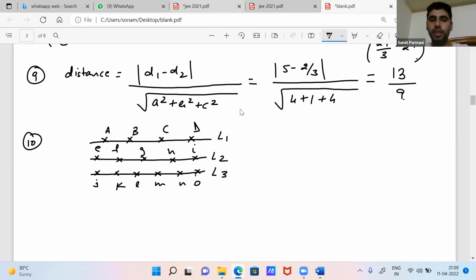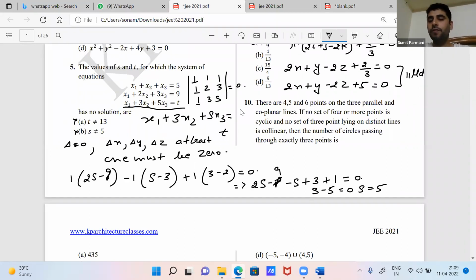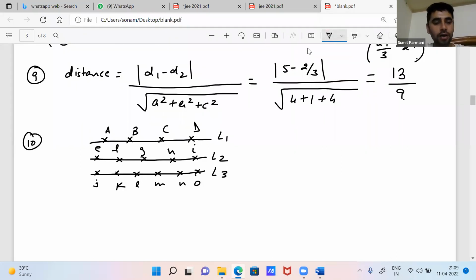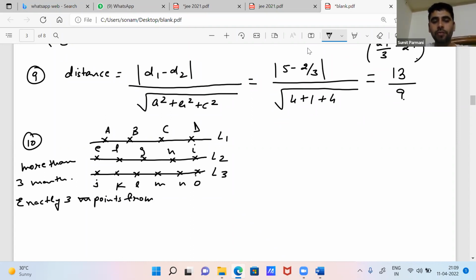This is the first situation they have given. Second situation: no set of 4 or more points is cyclic. The statement says that from L1, L2, L3 we cannot take more than 3 points. That means we have to take exactly 3 points from L1, L2, and L3.